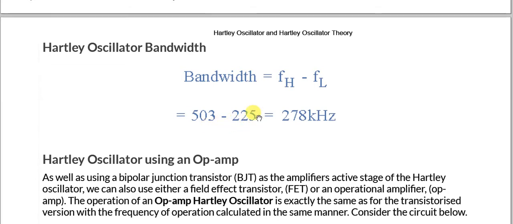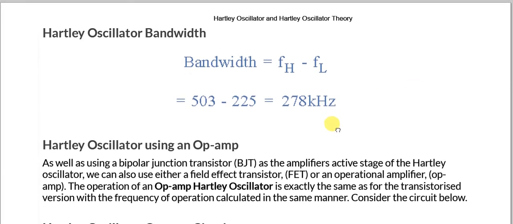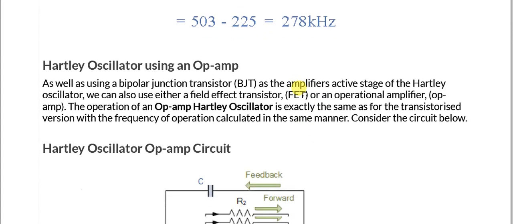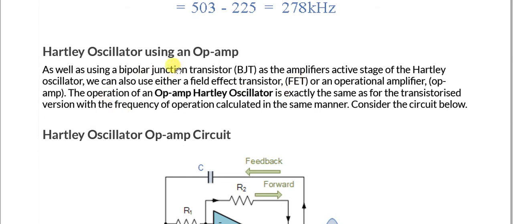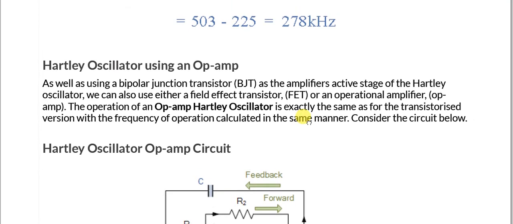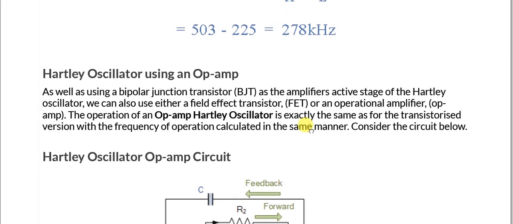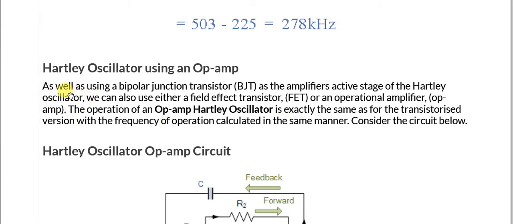Now our Hartley oscillator can be made from an operational amplifier. We will also be discussing the operational amplifier, but we are taking these two basic analog devices first. As well as using the bipolar junction transistor as the active amplifier stage of the Hartley oscillator, we can also use a field effect transistor, or an operational amplifier.